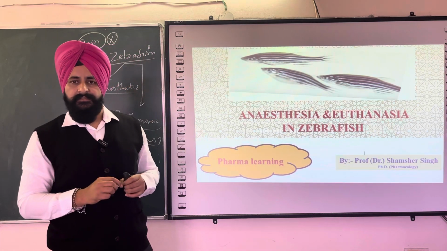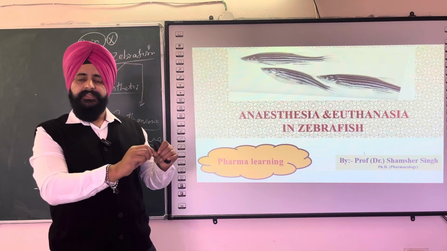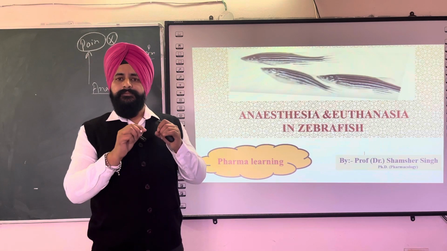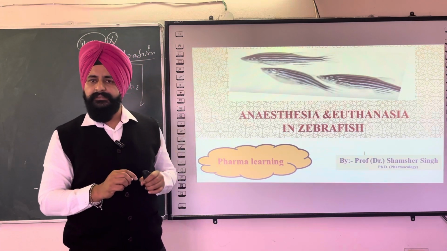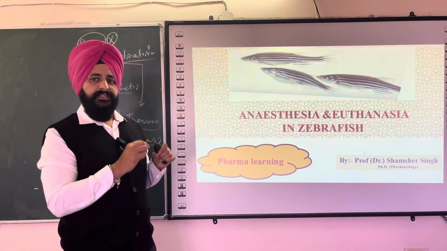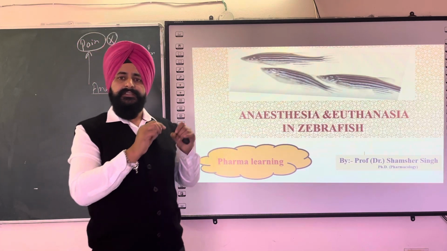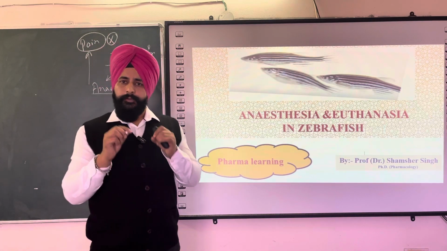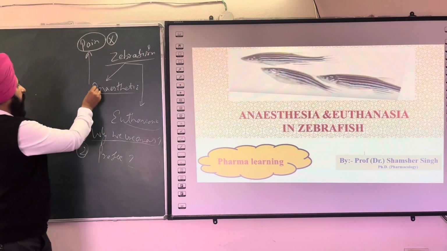In the next lecture, I will discuss how you can use anesthesia in experimental animals, which type of anesthetics are preferred in rodents and non-rodents, how they are preferred, and what their side effects are. Today, I will discuss which type of anesthetics you can use in your lab in zebrafish, and how you can choose these anesthetics depending upon your experimental work.